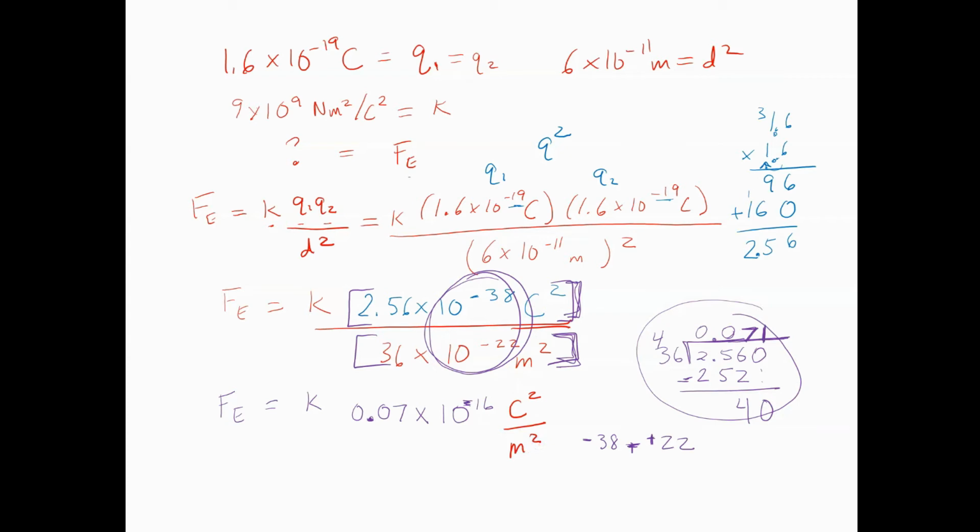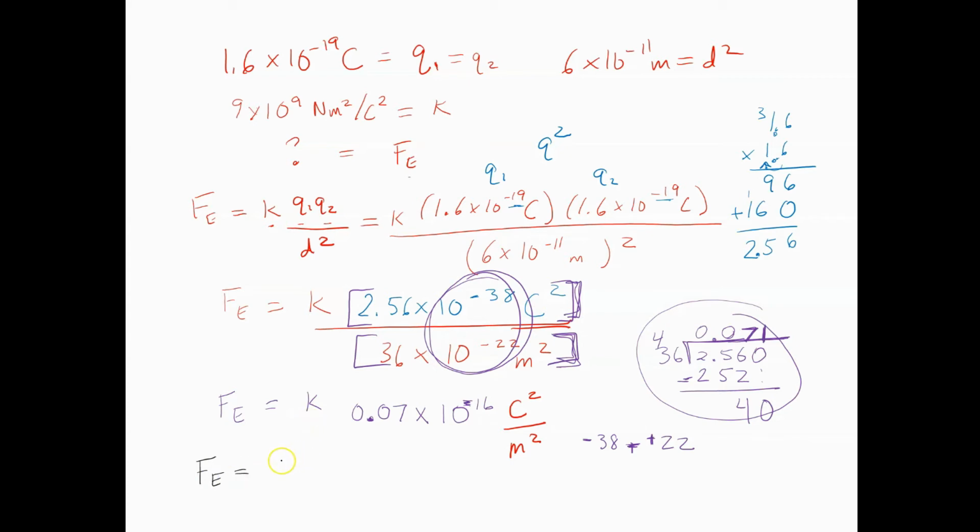What we have left to do then, let's make this a little clearer for ourselves here. Just distinguish the next step for ourselves. What we have left to do is take this number and multiply by the k value. So my electrostatic force will be the k value.